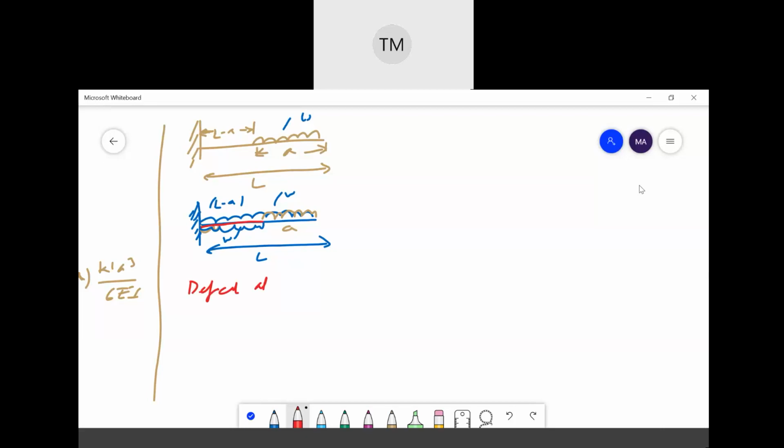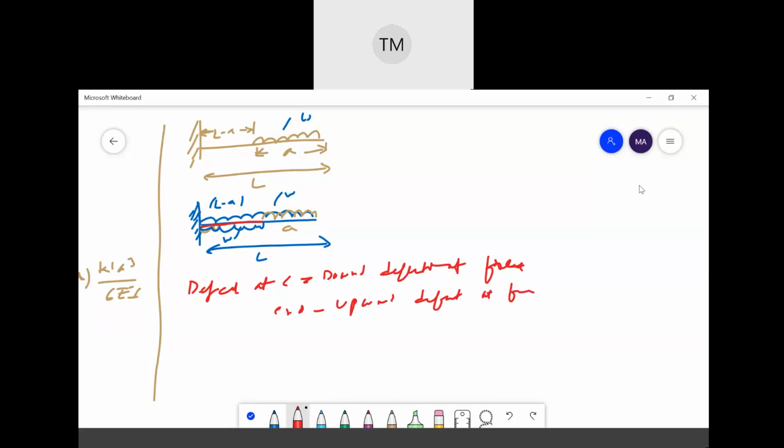So what is the formula? Deflection at C is the downward deflection at the free end minus the upward deflection at the free end.